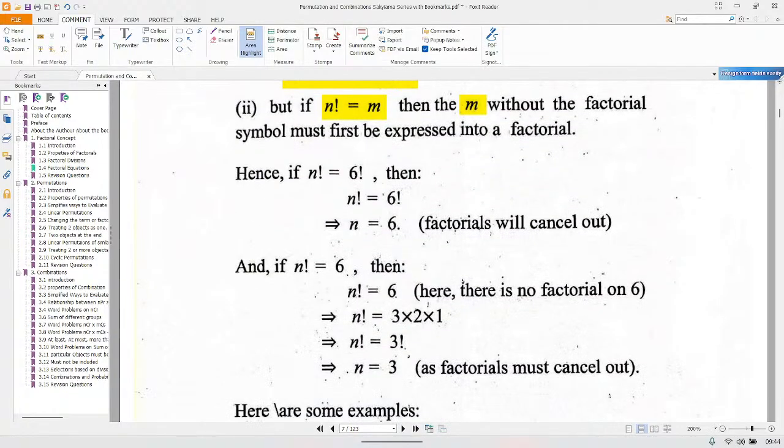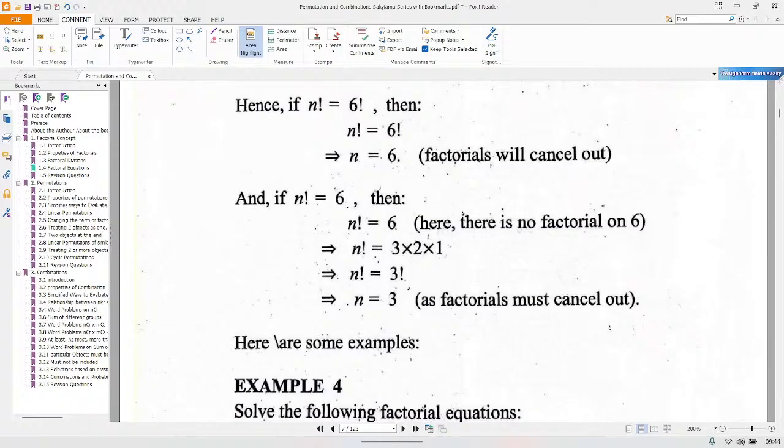If n factorial equals 6 factorial, the factorials cancel and you get 6. And if n factorial is equal to 6, then change the 6 into something factorial. Do you understand? So 6 is the same as 3 factorial. What about if you have 18? The 18 will become what? 6 factorial, 3 factorial times 3.